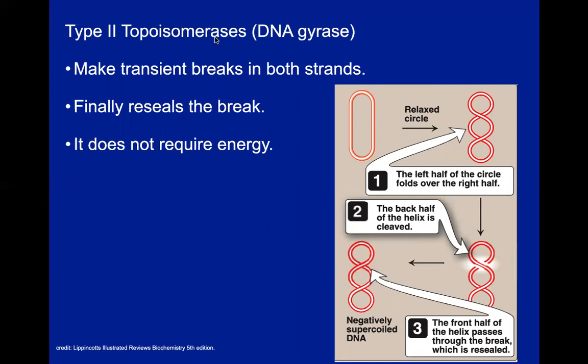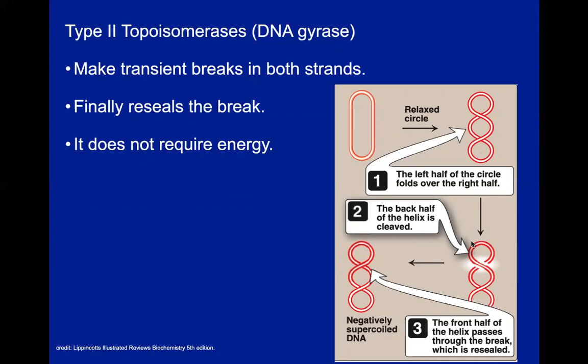Now, type 2 topoisomerases are also the bacterial type 2 topoisomerases, otherwise known as DNA gyrase. They make transient breaks in both the strands. You can see here, it's wound here. This is the left half, it folds over the right half. What happens? Type 2 topoisomerase cuts both the DNA strands.